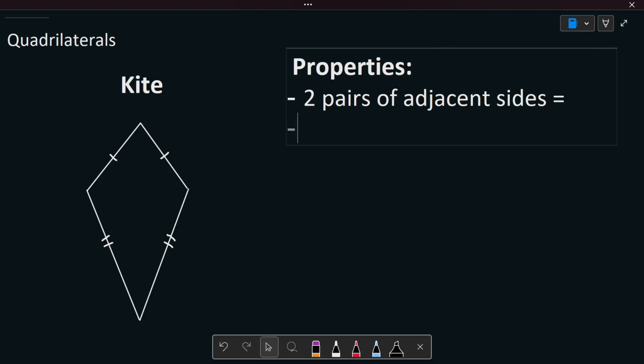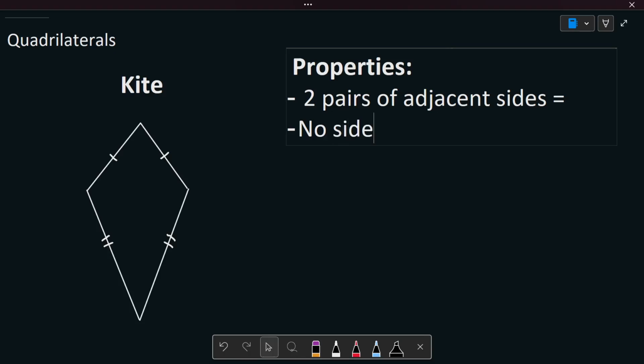Now, the next thing we are going to be looking at is the parallel lines. Now, what we should know about the kite is that there are no parallel lines. They're all in a different direction. None of the lines are parallel. So here we can say that there are no parallel lines.